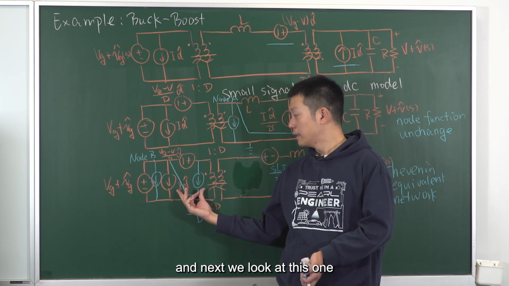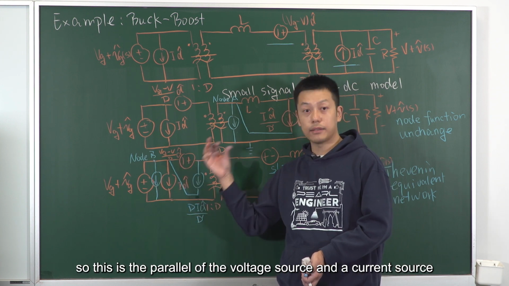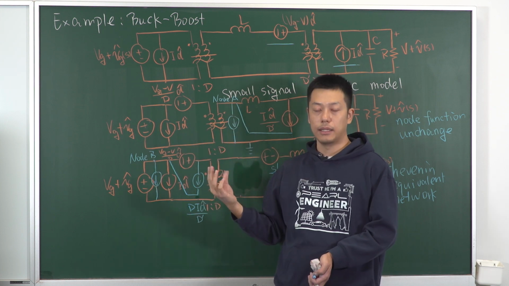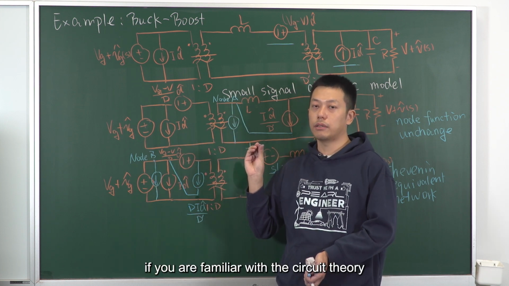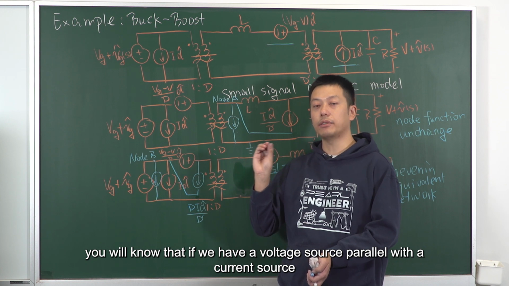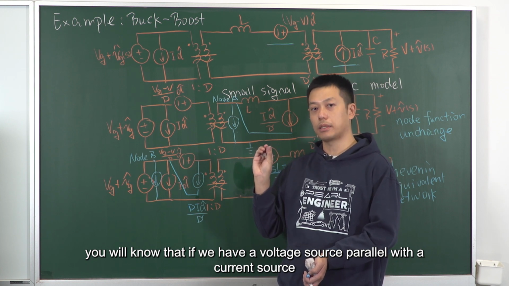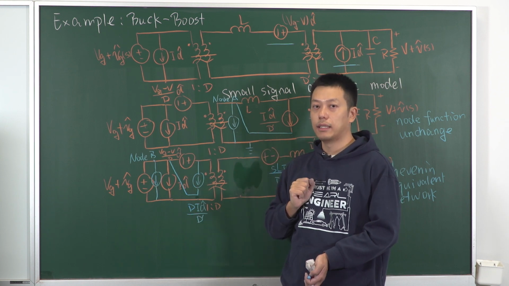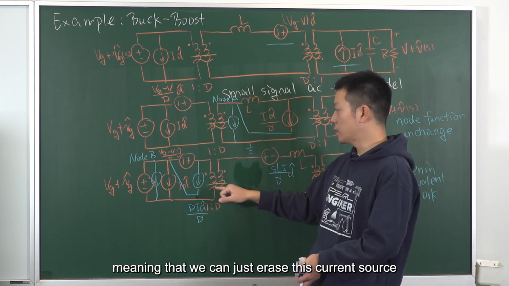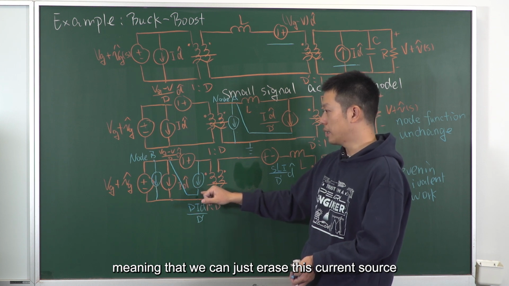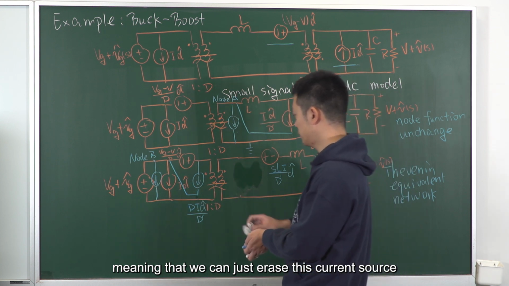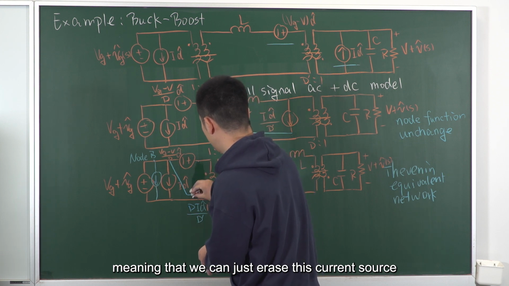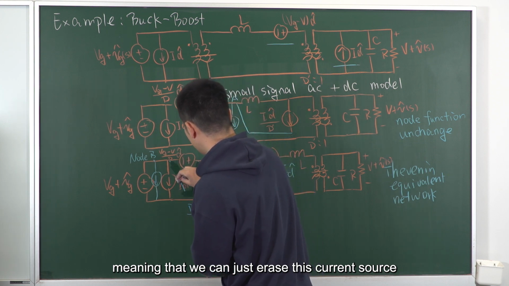And next, we look at this one, right? So this is the parallel of a voltage source and a current source. If you are familiar with circuit theory, you will know that if we have a voltage source in parallel with a current source, the voltage source will dominate, meaning that we can just erase this current source.